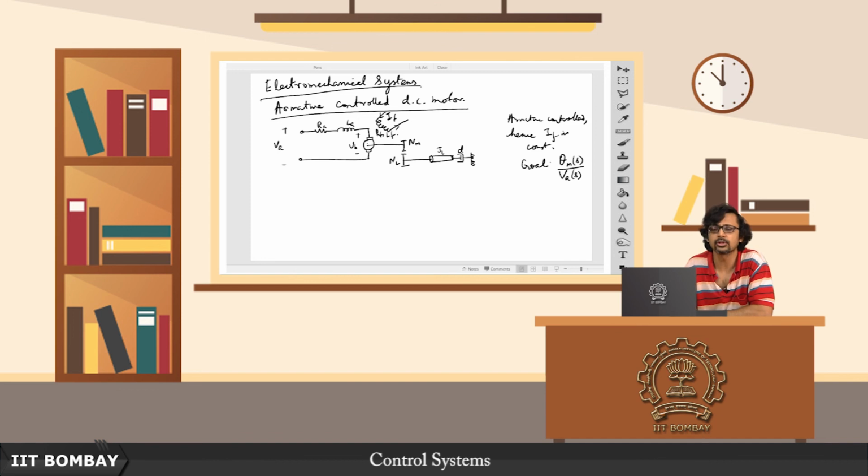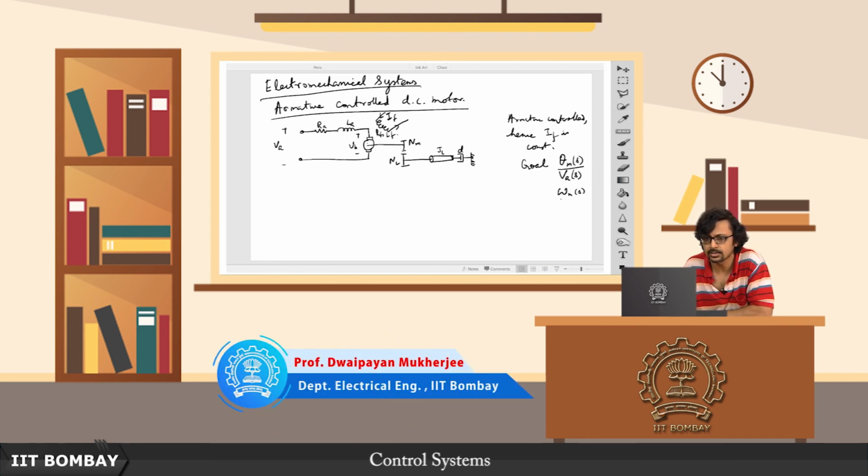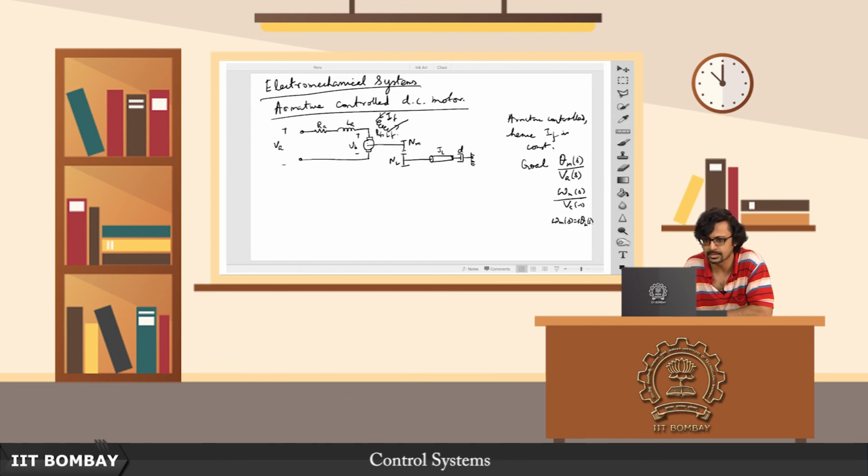Sometimes you can also control the speed, in which case it will be Omega_m(s) over V_A(s). But these are not very different, because we know that Omega_m(s) is nothing but s times Theta_m(s). We will look at this modeling in the next lecture. For now, this is some food for thought. Think about how you are going to approach this problem using your domain knowledge.